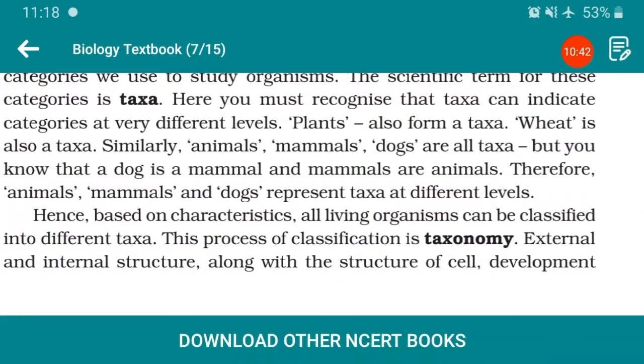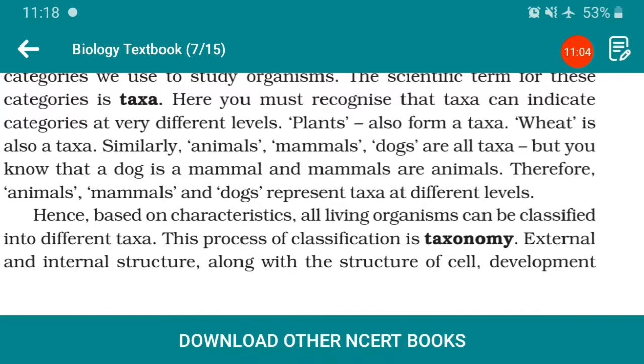So generally when we talk about taxonomy, it is based on characteristics. All living organisms can be classified into different taxa. This process of classification is known as taxonomy. In that, two structures are there: one is external and one is internal structure.